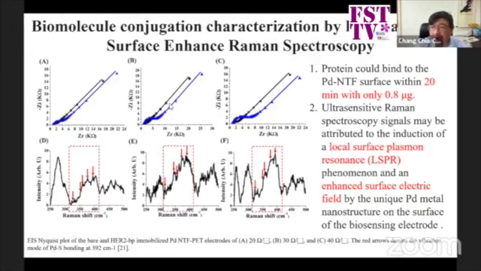So we immobilize the ACE2 on the palladium electrode surface, and we can use Raman spectroscopy to see how they bind. We found that we only need about 800 nanograms of sample for those interactions to be detected.